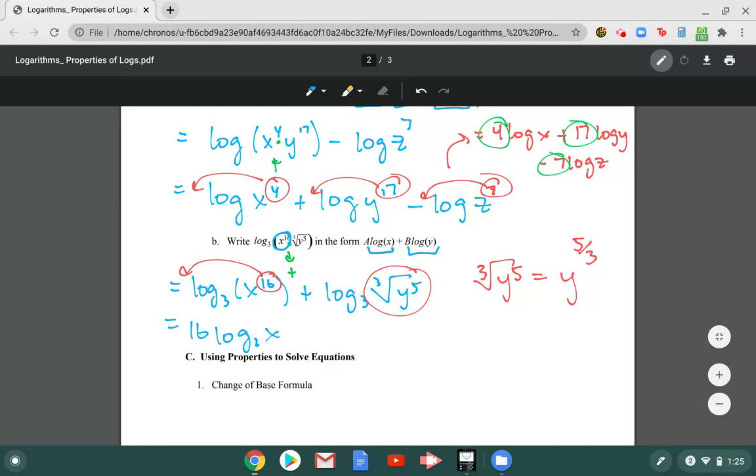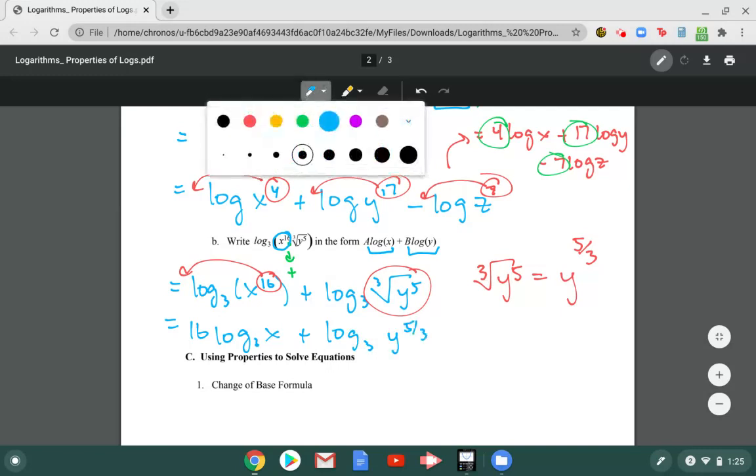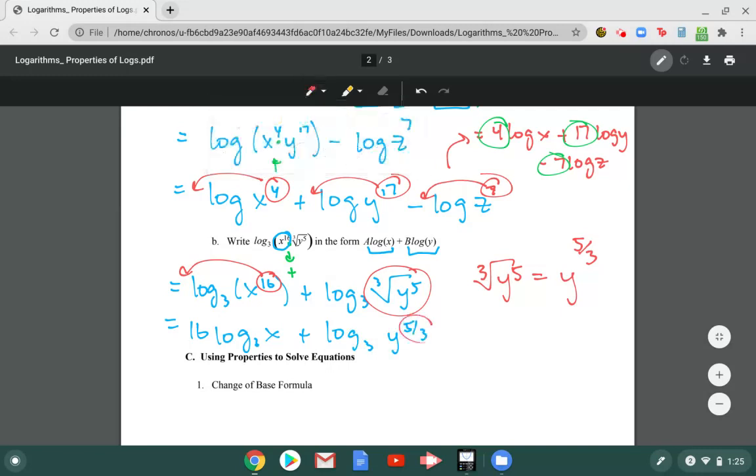Log base 3 of x plus, before I bring this power out in front, let's just write it as y to the 5/3. Now I'm ready to bring that 5/3 out in front, and I have 16 log base 3 of x plus 5/3 log base 3 of y.